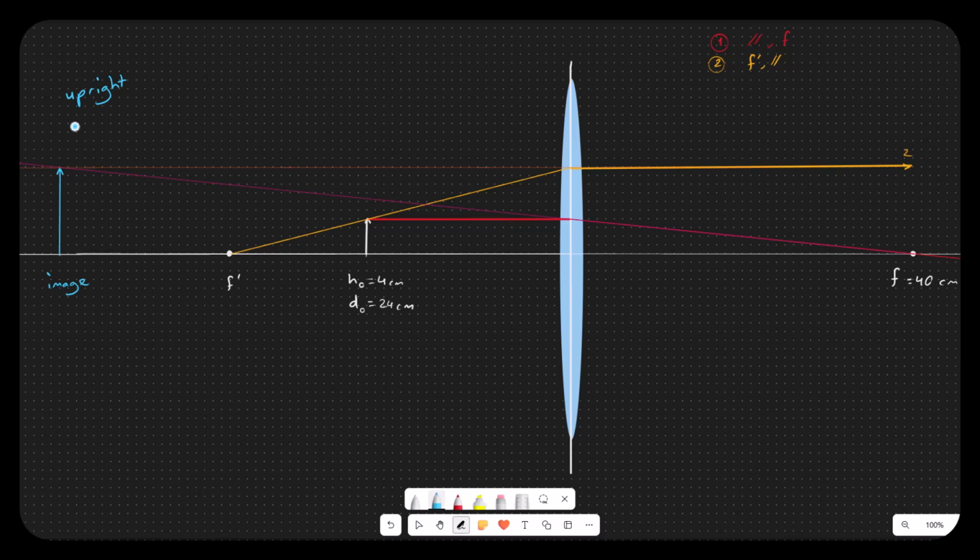It is a virtual image, and it's a virtual image because I'm not finding where these light rays crossed. I am effectively finding, if these were rays, where would they have been coming from? And that's way back here. So this is a virtual image, and it's bigger than my original image, so this is enlarged.